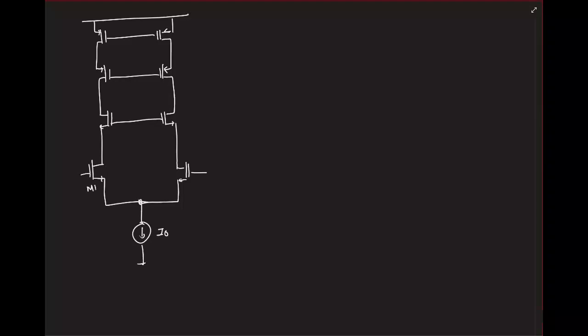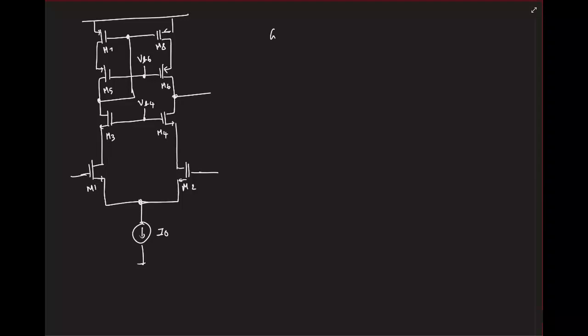Okay, so let me label these guys. This is where we applied the input, we took the output, and then we saw how to generate this voltage, and for that we connected these two guys together. Okay, and these are bias voltages. I'll call VB4 and VB6.